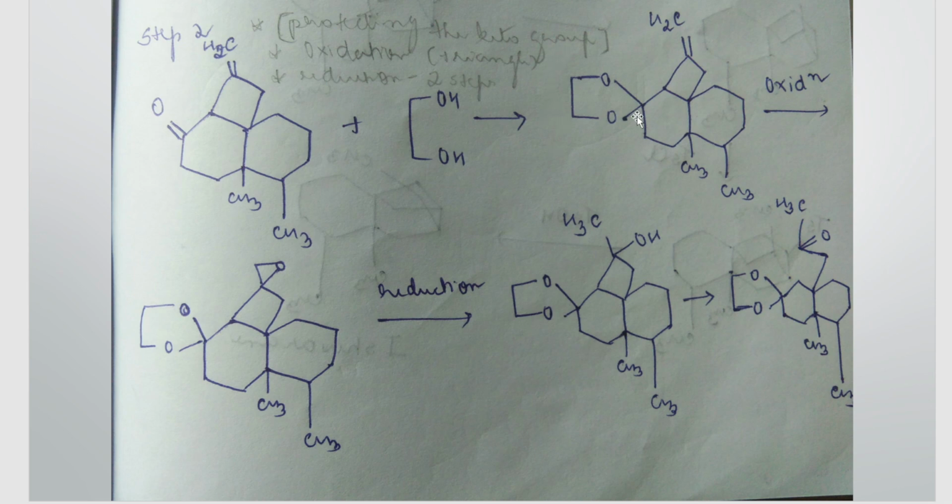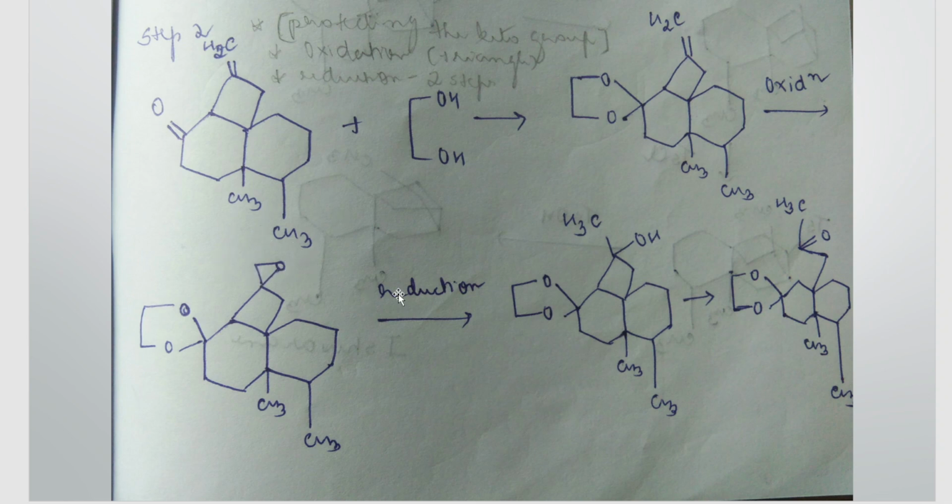Okay. And after that, the next step is carrying out the oxidation here. On oxidation, you can see that this CH2 group gets converted into an epoxide form of ring having oxygen in it.